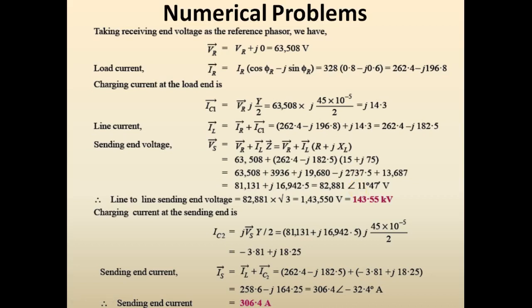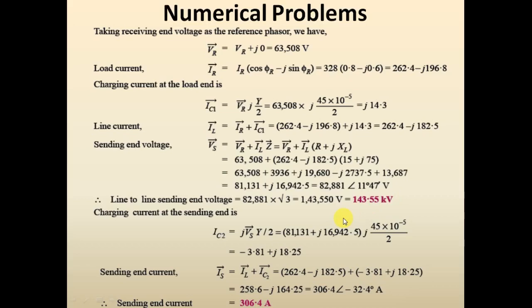So in this Vs vector value, this indicates the magnitude of vector Vs, and this is actually the angle by which this vector Vs will be leading the vector VR. Since the value we are obtaining here is per phase value, in order to determine the line voltage value, you have to multiply it by root 3, and thus we have obtained the sending end voltage.